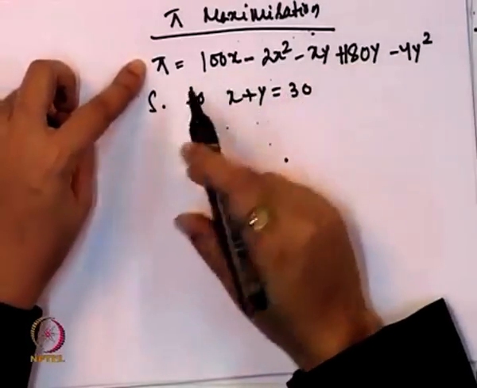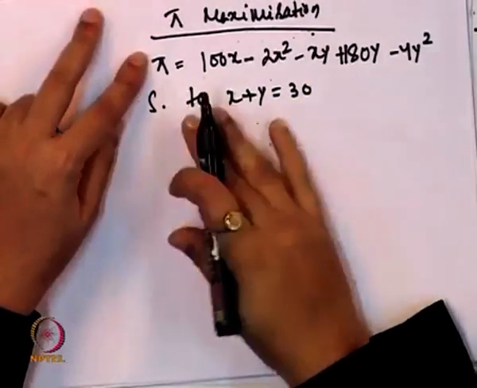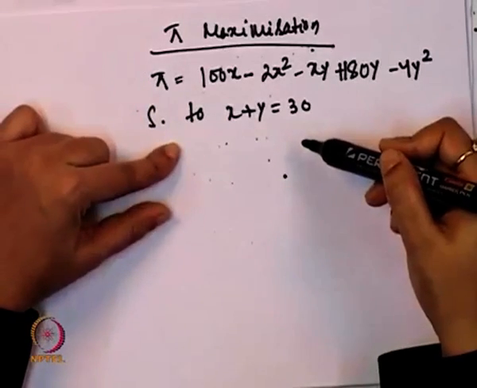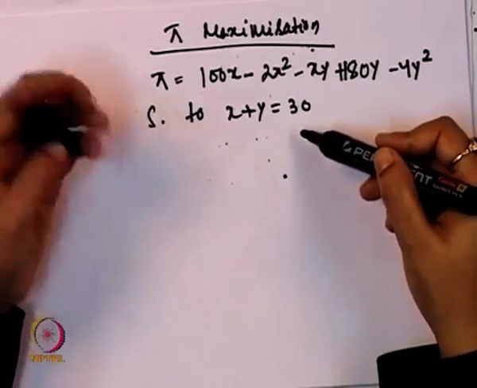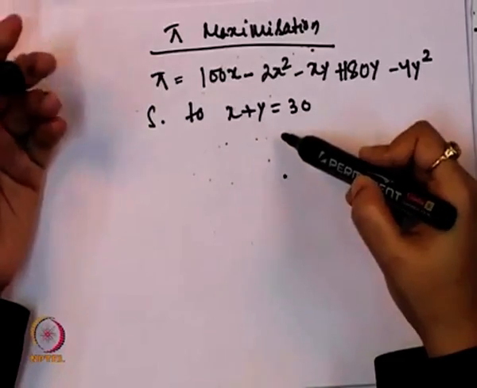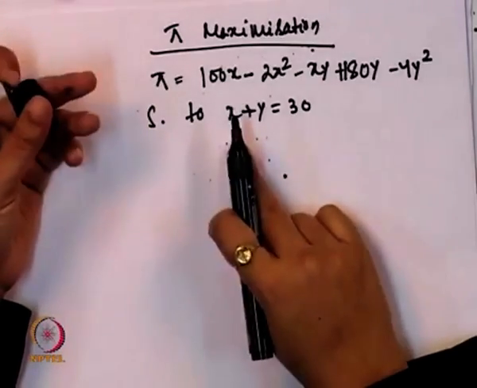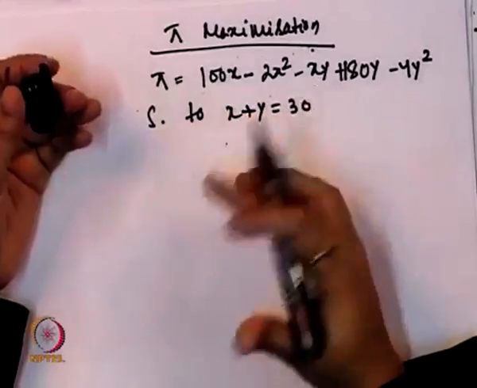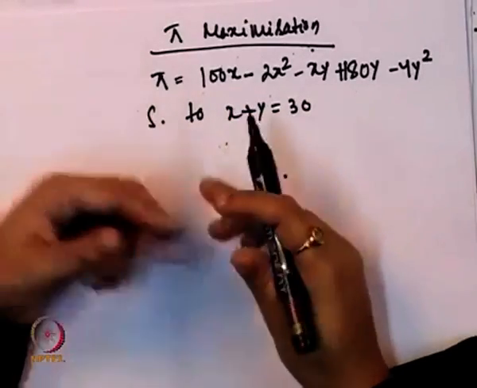The same profit equation and the same constraint that we took for the substitution technique. So x plus y is 30, that is the constraint, and profit is what we took for the substitution method.